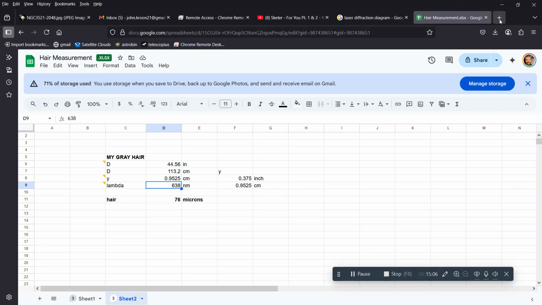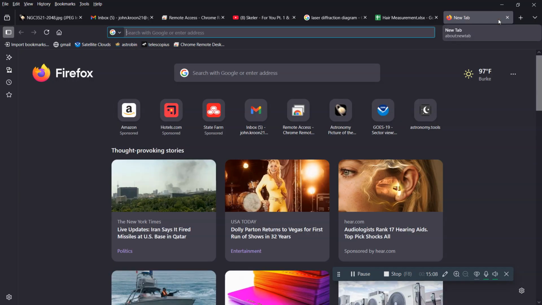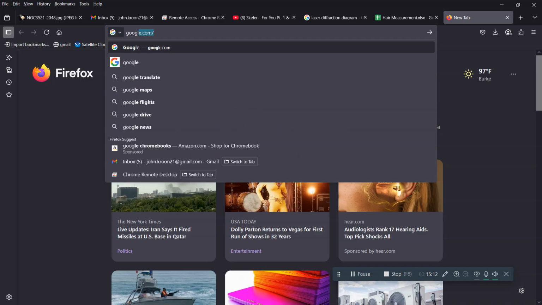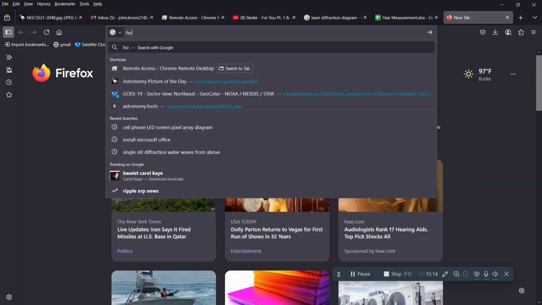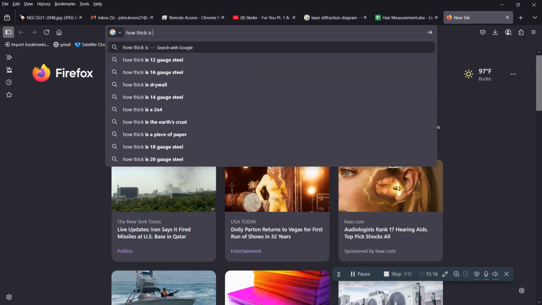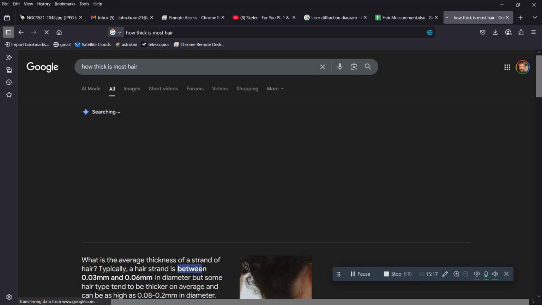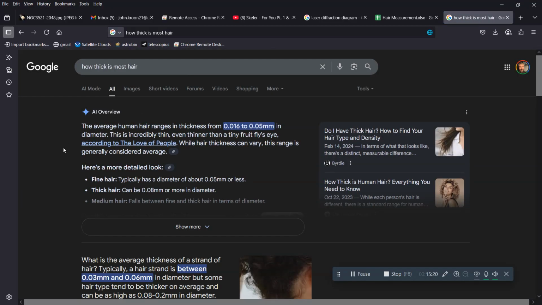So let's just do a quick check and see how close that is to what we would expect. So let's just say, how thick is most hair? And okay, so this is from 16 microns. We're moving the decimal over 1, 2, 3, from 16 to 50.